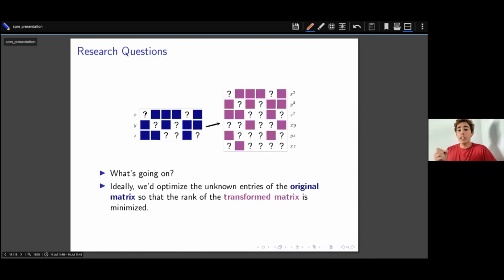Really, the problem that we'd like to solve, if we think about things from first principles, is we'd like to choose these entries of our matrix so that when we apply the feature map to the whole matrix with all the entries constrained, this transformed matrix has low rank.